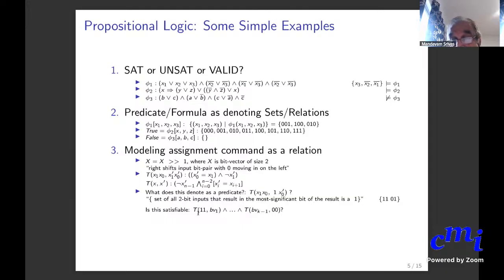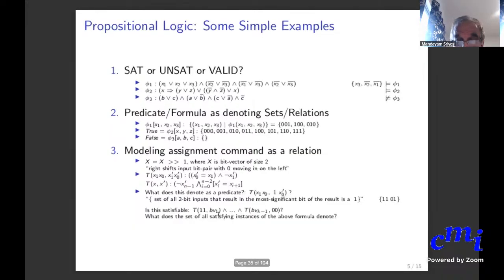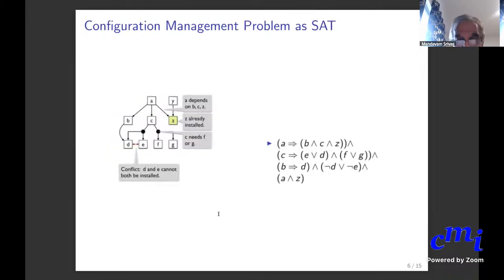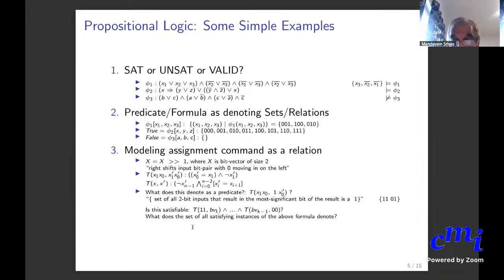Now I have a sequence of instantiations of this transition relation T, where each T is fed the output of the previous one. So firstly, is this satisfiable, and then what does the set of all satisfying instances of the above formula denote? Any thoughts?